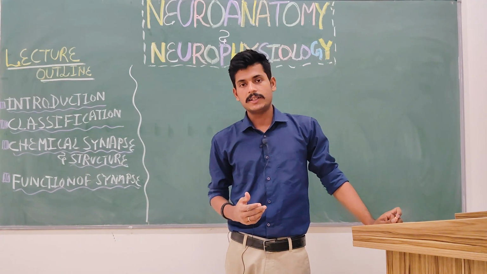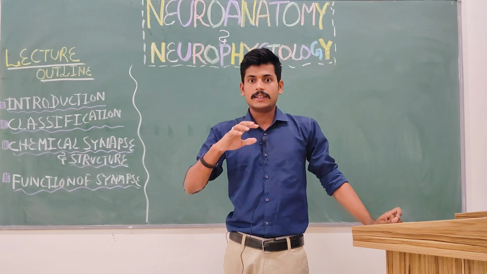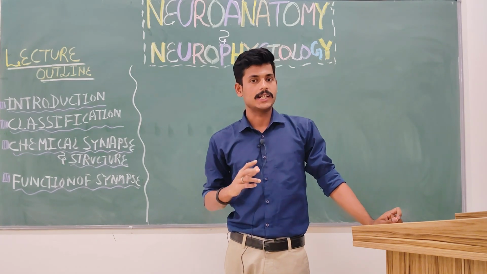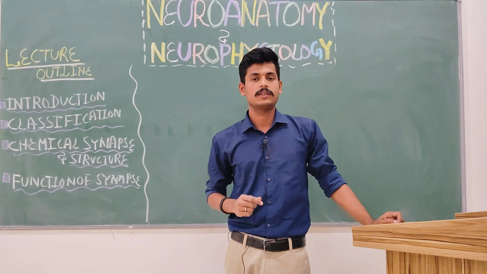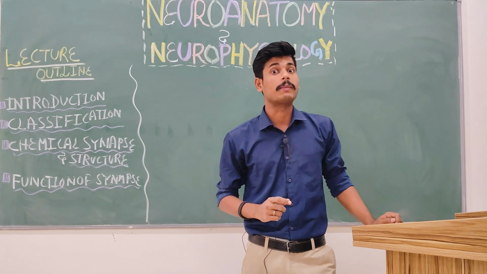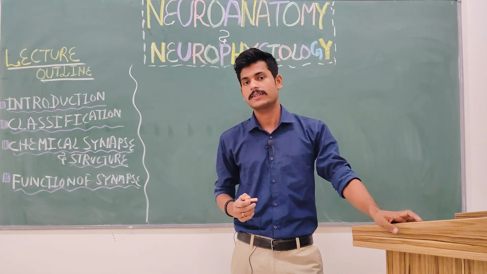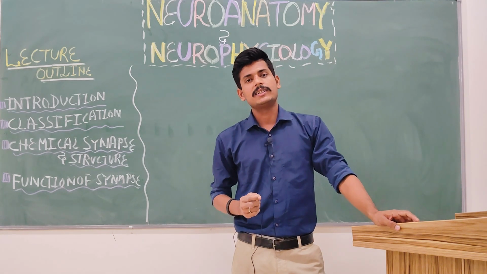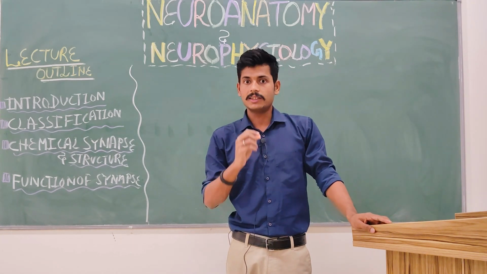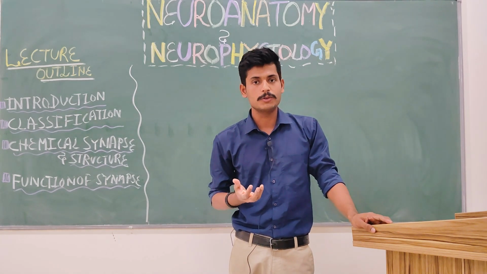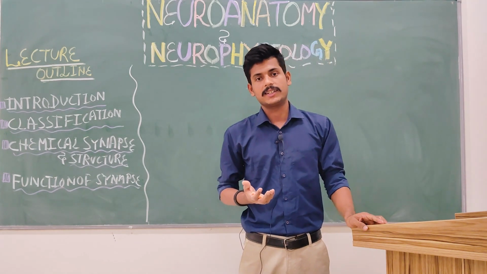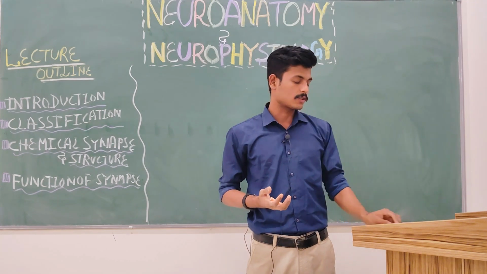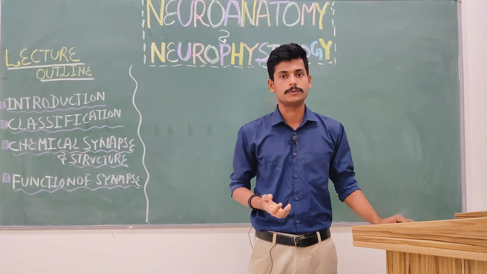Then we dealt with the layers of the central nervous system and spinal cord, which we term the meninges. Then we discussed one of the major fluids present in the central nervous system environment, the CSF, cerebrospinal fluid.